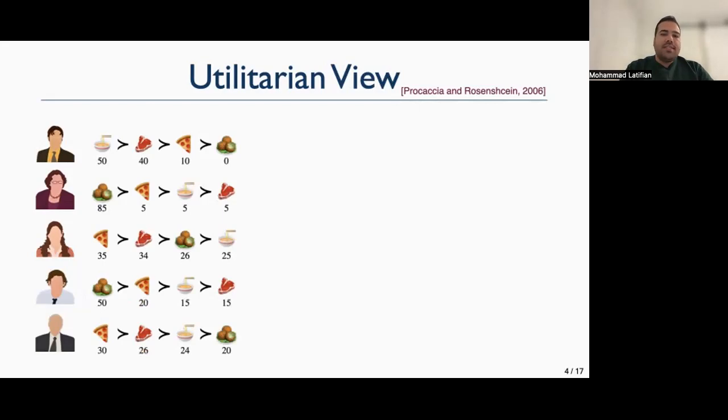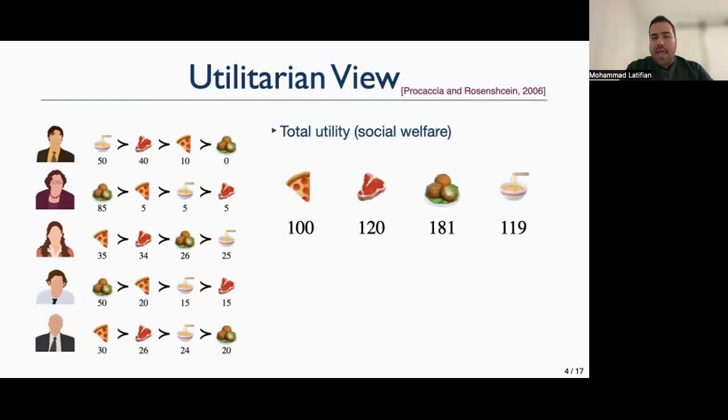Having these utilities, we can easily compute the social welfare of each option and select the one with the maximum social welfare. But in reality, we don't have access to these utilities, and even the voters themselves might not be able to exactly identify their utility for the options, as it's much easier cognitively to compare the options.